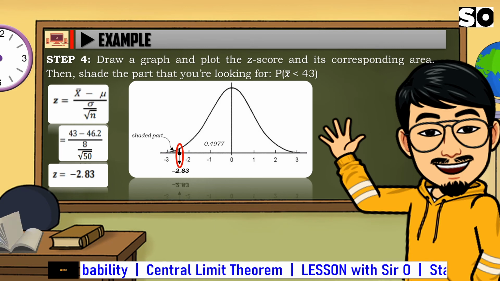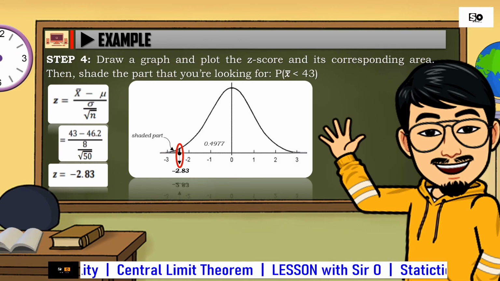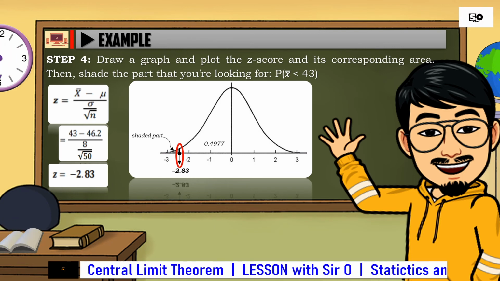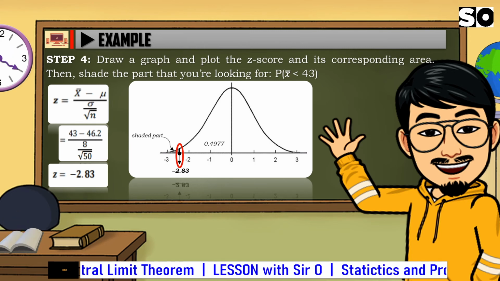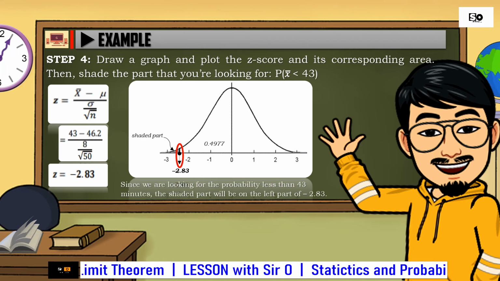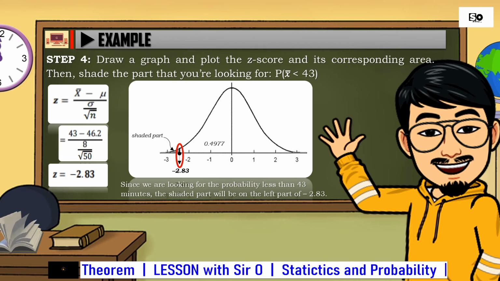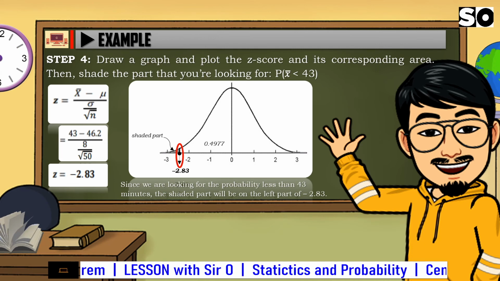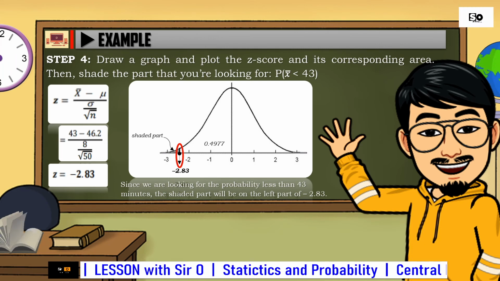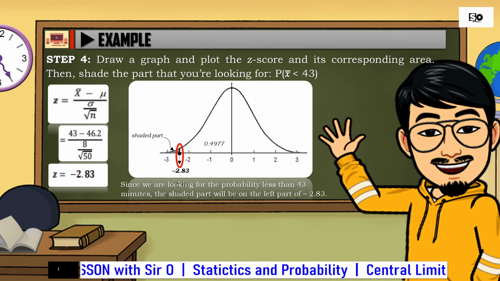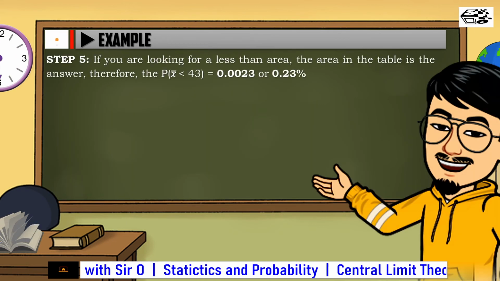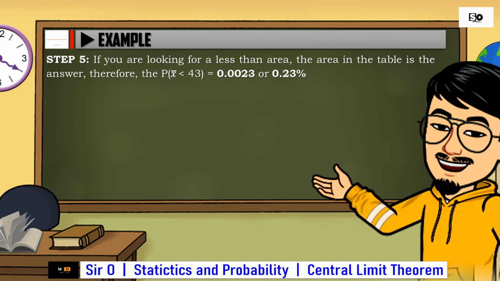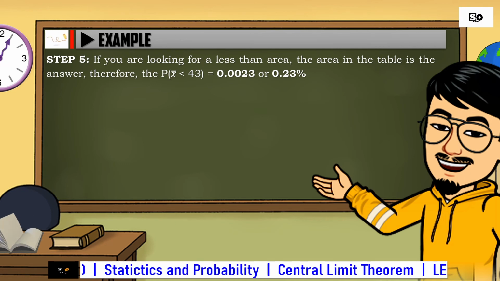In our example, it is between negative 2 and negative 3 because our z-score is equal to negative 2.83. Since we are looking for the probability less than 43 minutes, the shaded part will be on the left of negative 2.83. Step 5. If you are looking for a less than area, the area in the table is the answer.